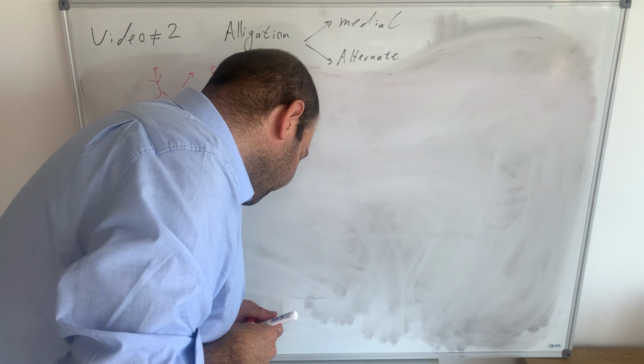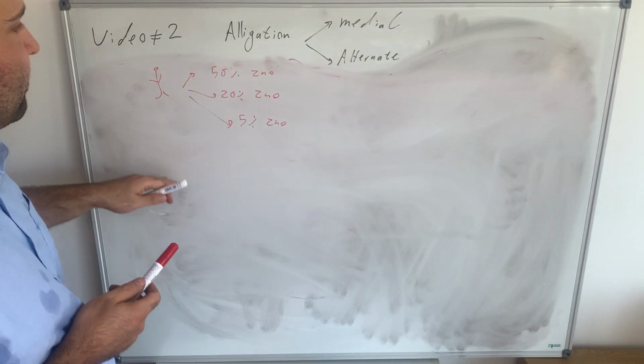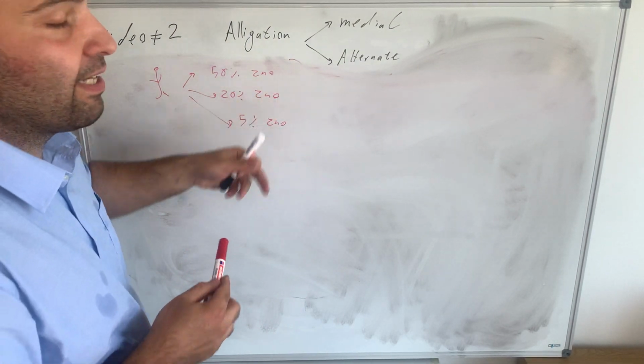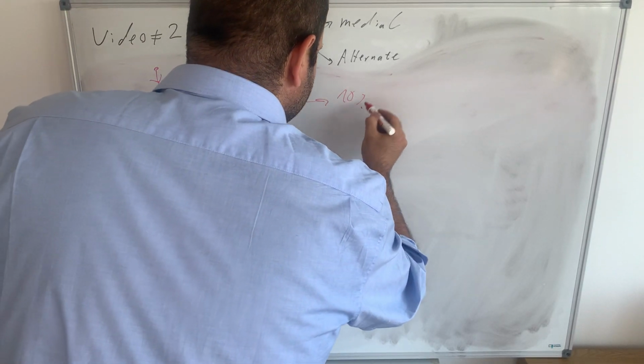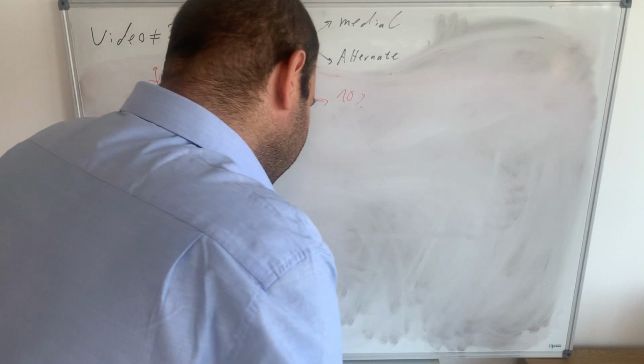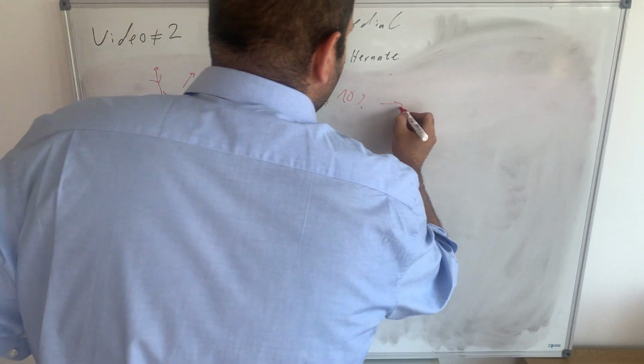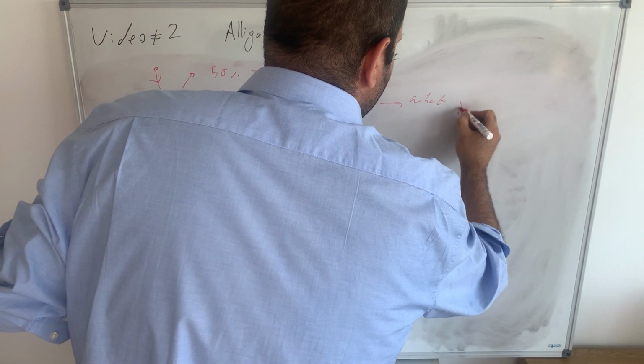He wants to mix these 3 zinc oxide ointments to get a 10% ointment. Then the question is, in what proportion?